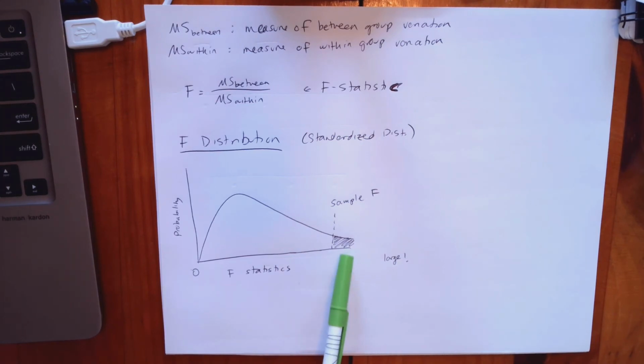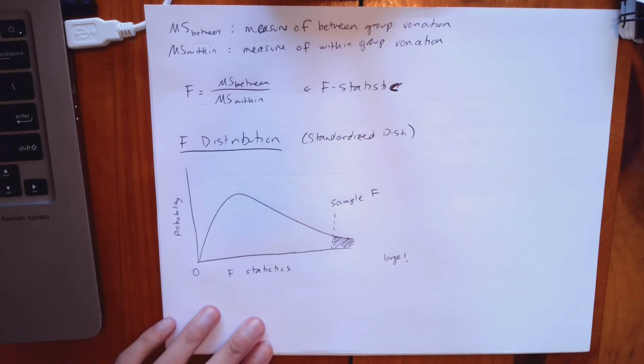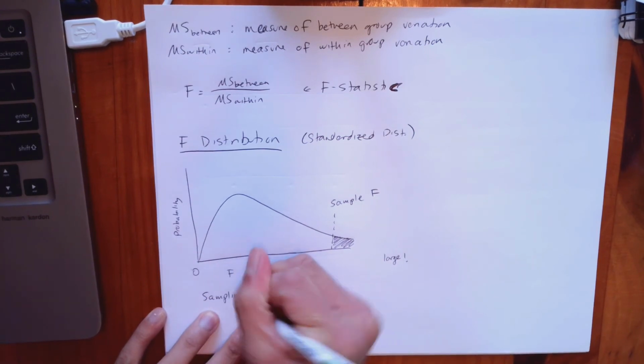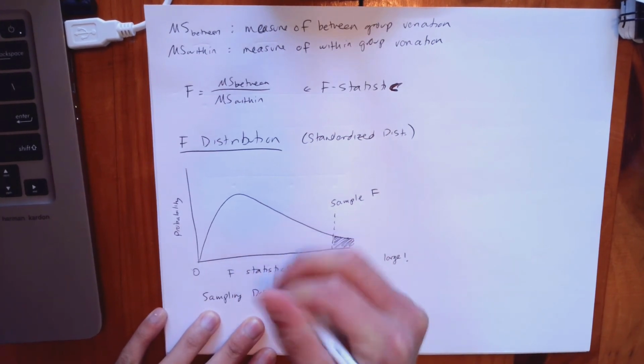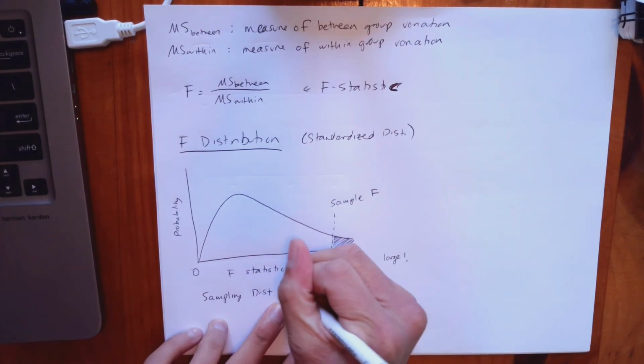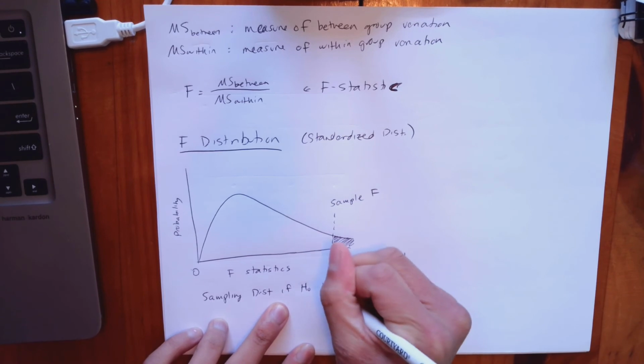If your F statistic is on the far end of the distribution, it means that it's unlikely to have occurred if all the populations had the same means. To clarify, this is a sampling distribution that shows us what we would expect if the null hypothesis was true.